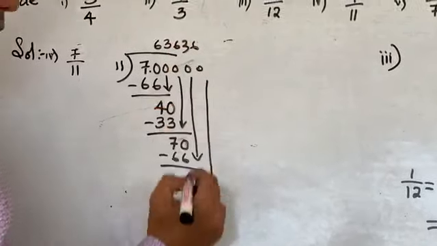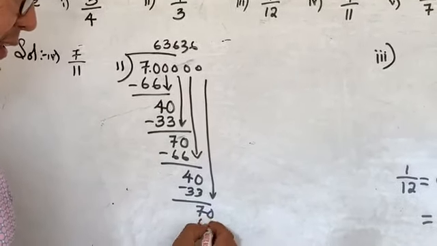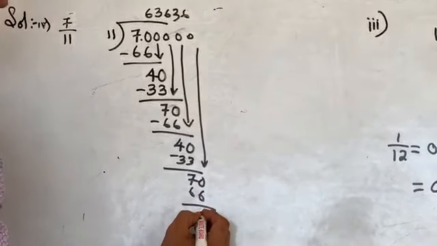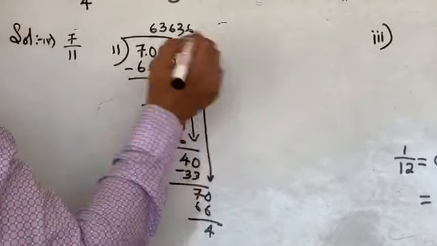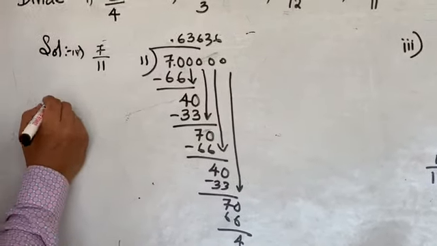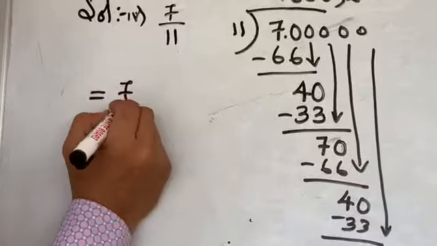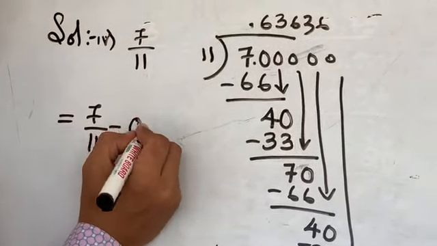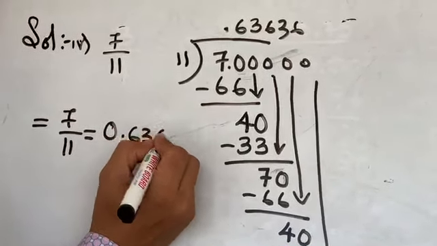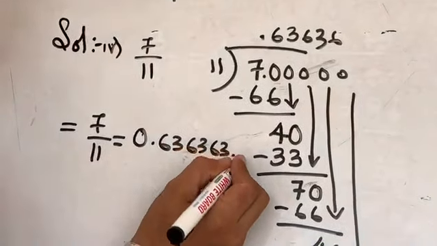Again it is divided by 6, 11 6 times is 66, the remainder is 4. Let's see the decimal. Now this can be written as 7 by 11 is equal to 0.6363.